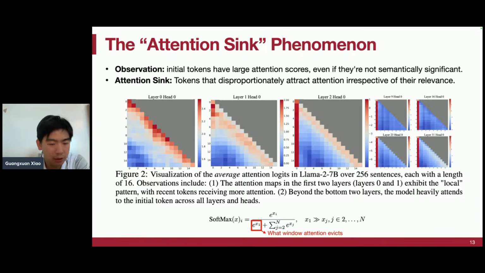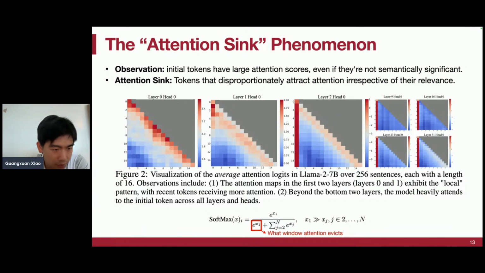We visualize the attention scores in Llama 2 7B, and you can see that beyond the bottom two layers, in all attention heads, all the tokens significantly attend to the first token, no matter how far they are from it.